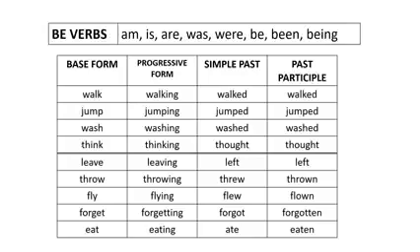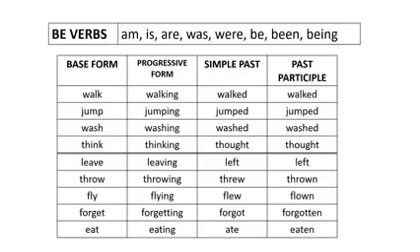Okay, for example, we have here the base form of the verb walk. So for the progressive, you just add -ing. So it becomes walking. For the simple past and past participle, you simply add -ed. So it becomes walked. Walk, walking, walked, walked. So second example, jump.